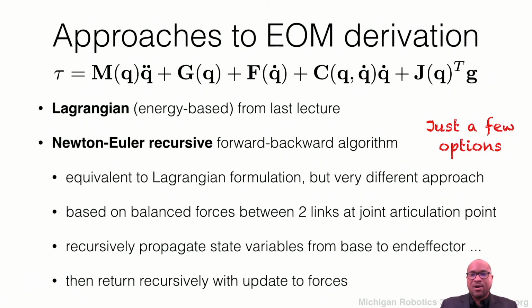Whenever there is a force acting on an outboard body, there's an equivalent and opposite force acting on the inboard body. So we can develop a recursive algorithm that goes through our kinematic hierarchy and updates each of our links based on this notion of balanced forces.